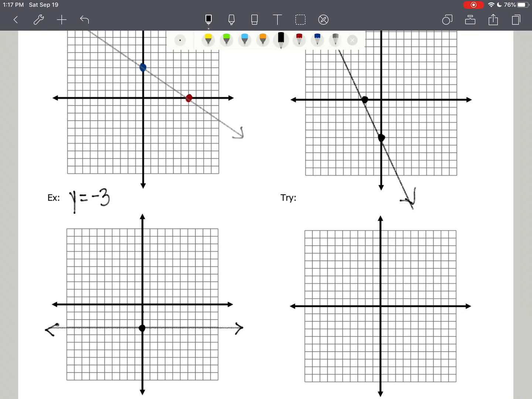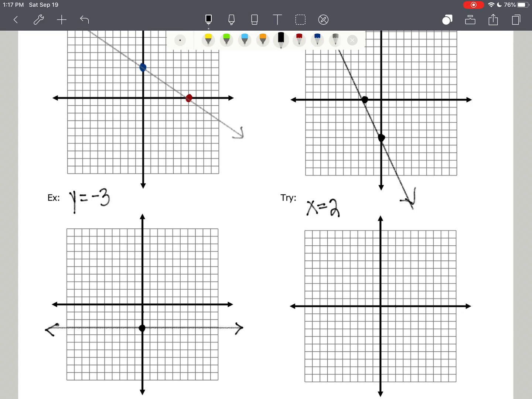You try the next one. It's x equals 2. What type of line do you think that is? If you are still listening, that means you've pressed pause, you've drawn your graph, and you're just checking your answer. X equals 2 is a vertical line.